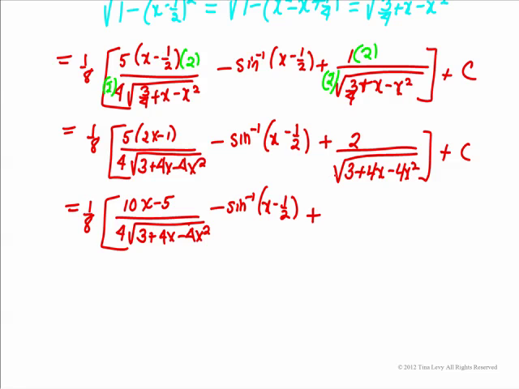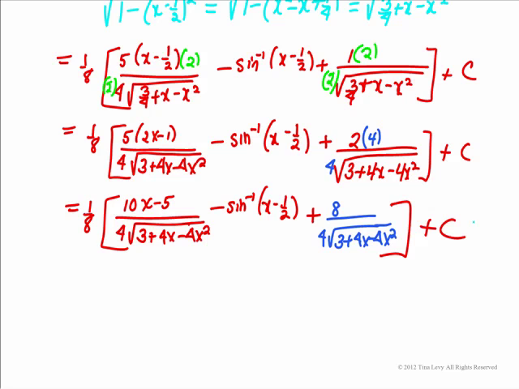And now I would like a common denominator. So I'm going to put a 4 radical as the common denominator. That's going to require a 4 top and bottom. So I get 8 over 4 radical 3 plus 4x minus 4x squared. And all of that plus the constant.